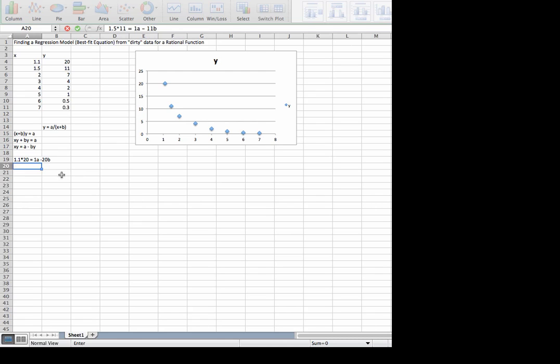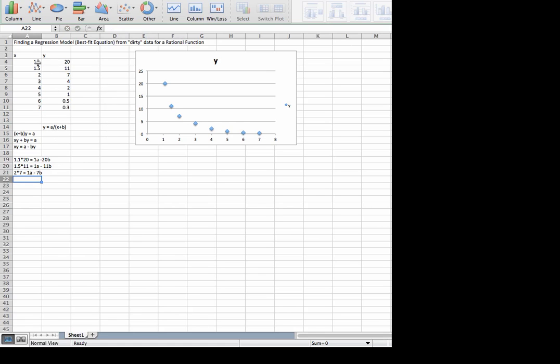Okay, let's do another one here with the third set. X times y would be 2 times 7, equals 1a, subtract, the y is 7, 7b.